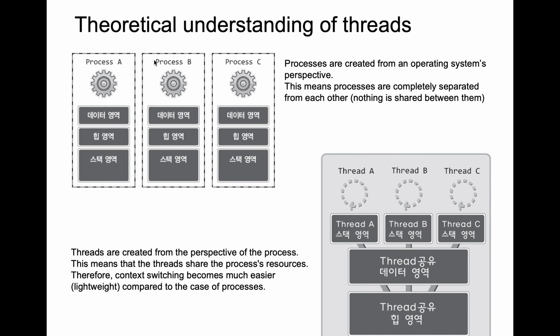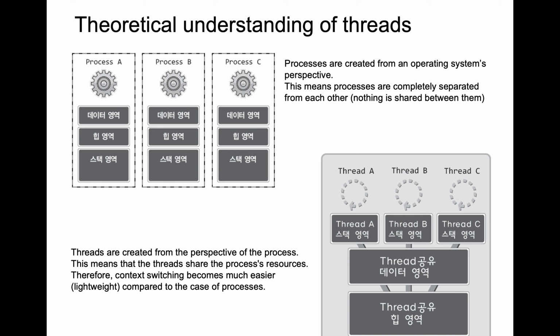And how is data shared between threads, and how is it shared or not shared in processes? To understand that, we have to take a look at this. The processes are created from an operating system's perspective, because what the operating system has is processes, right?